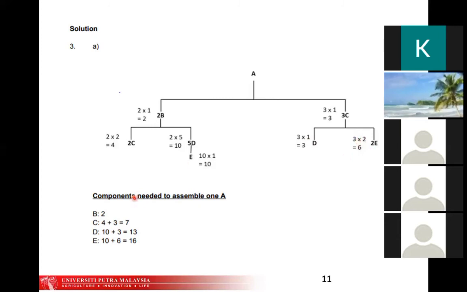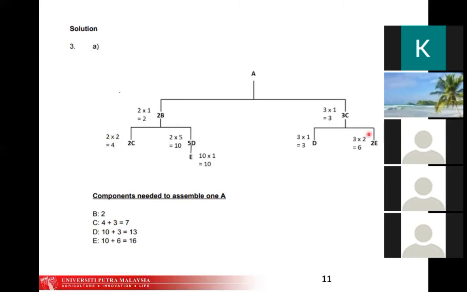So from this tree diagram, you can see that the components needed to assemble 1A are: B equals 2. C equals 4 plus 3, which is 7, because you are supposed to sum up all the C components.